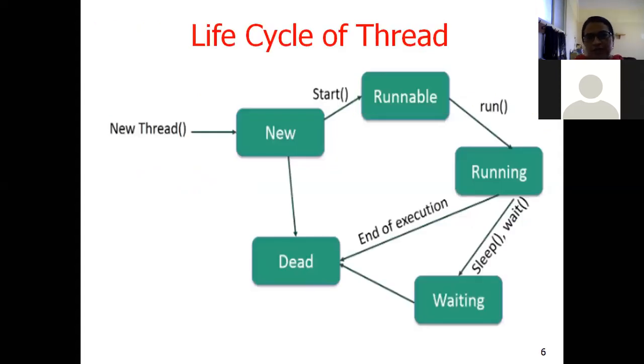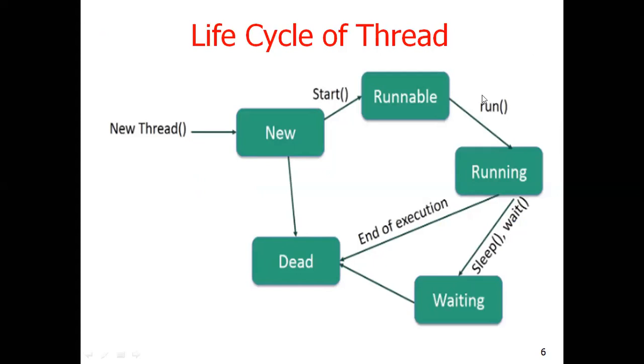And this is very important: the life cycle of a thread. Here, the new thread. If we are creating a thread, the main program or process is divided into different threads. Here, one single thread you can consider, a new thread we are creating.